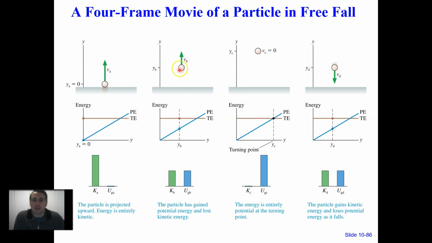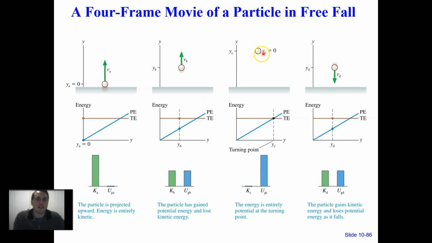Now, as the object ascends, its height increases, so its potential energy increases, its kinetic energy decreases, and now the potential energy is all the kinetic energy that was originally taken away by the increase of height. That is to say, gravity did negative work on the ball because the displacement was upward, but the gravity force was downward. But when gravity was doing negative work, we were actually storing up gravitational potential energy.